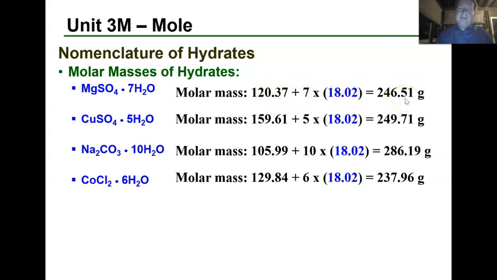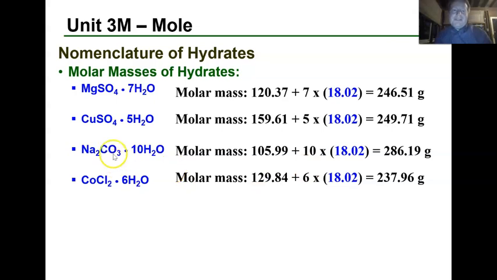This is the molar mass of magnesium sulfate heptahydrate. This one is the mass of CuSO4 plus 5 times the water. So this is the mass of copper(II) sulfate pentahydrate, and that's this one. These are the examples we did in the last slide.